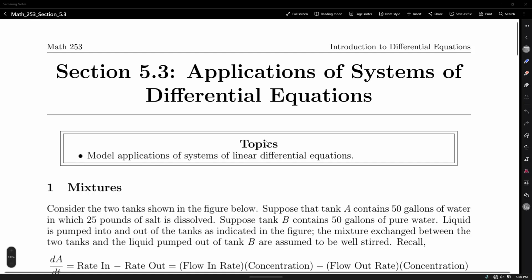So there are many situations that can be modeled using systems of differential equations. Remember those mixing problems when we had a big tank where water, or potentially water with some solute already in it, comes in, gets mixed, and then goes out of the tank, maybe at the same rate it came in or at a different rate.